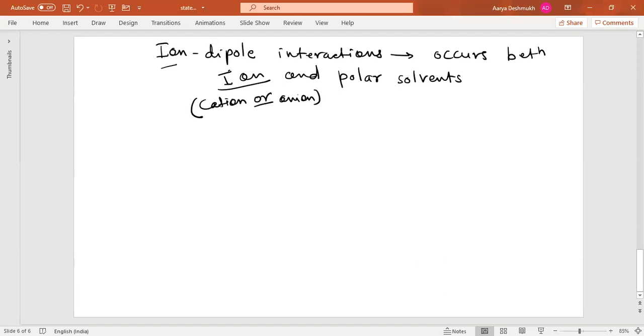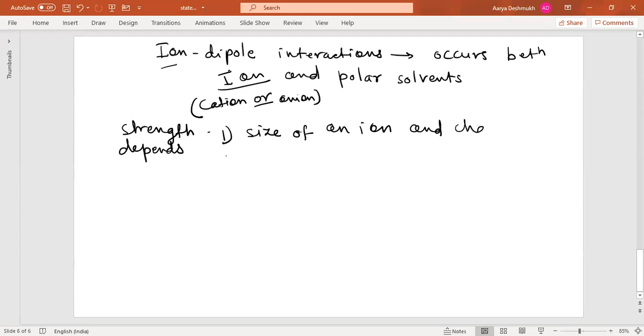Now the strength of this interaction depends on some factors. The first one is the size of an ion, and second, the charge of an ion also.